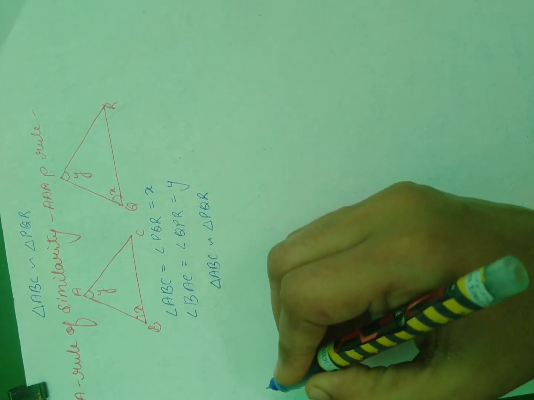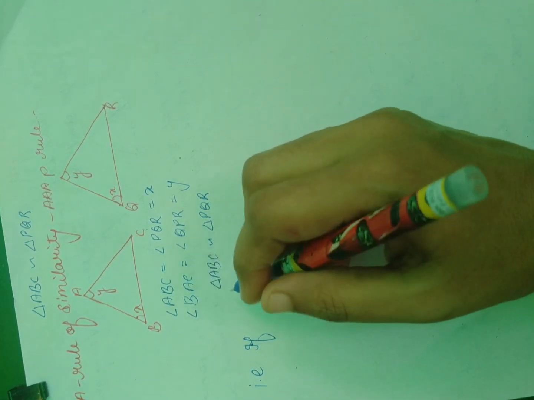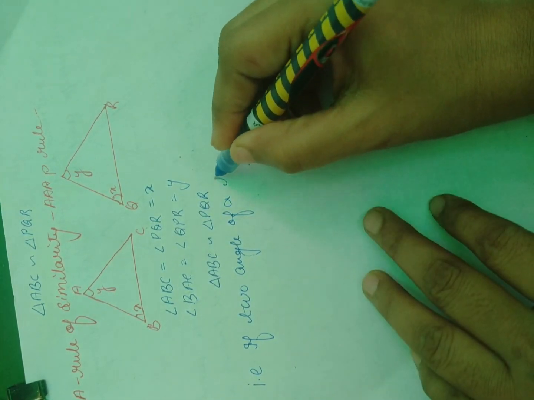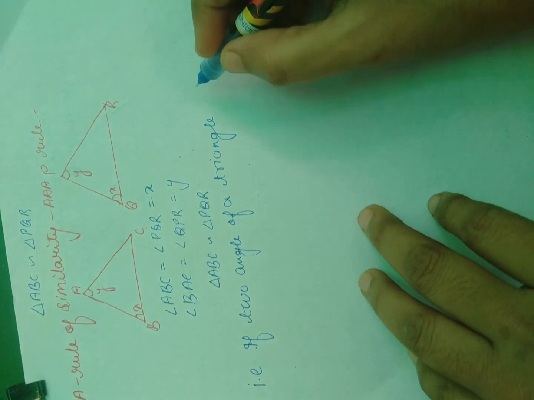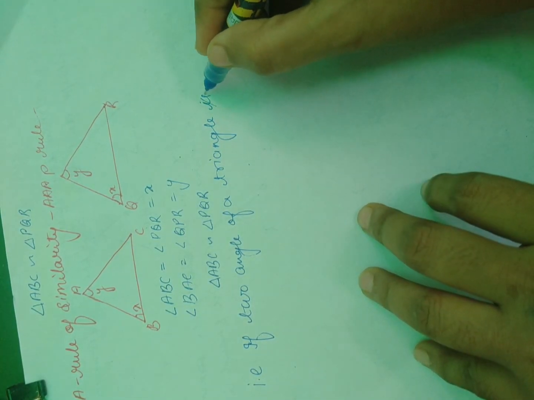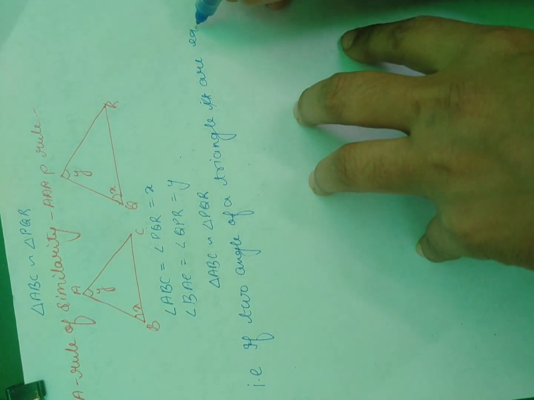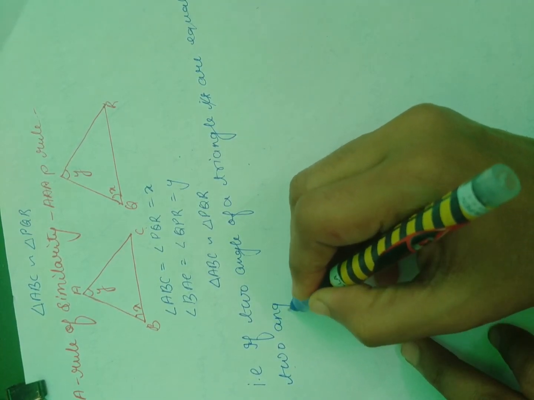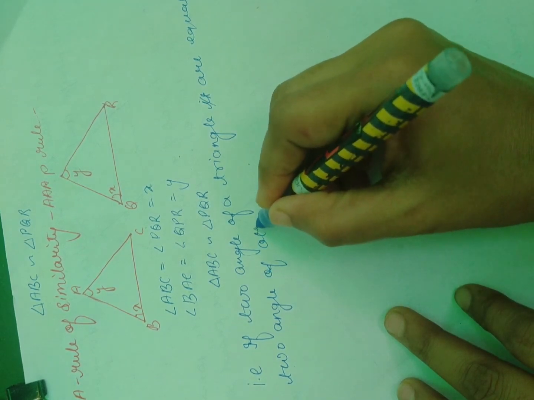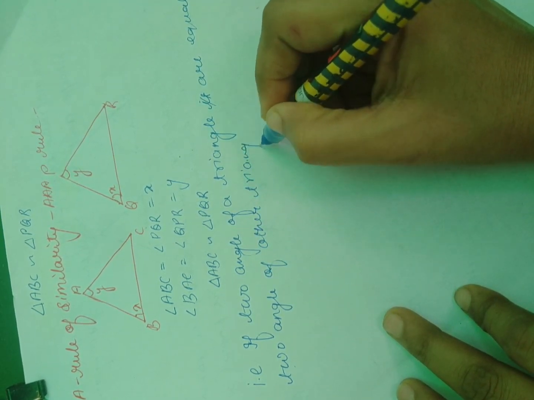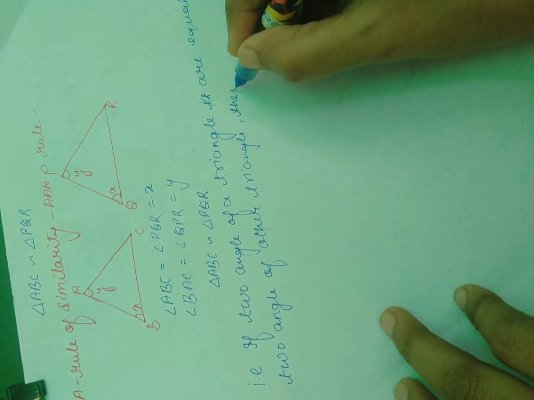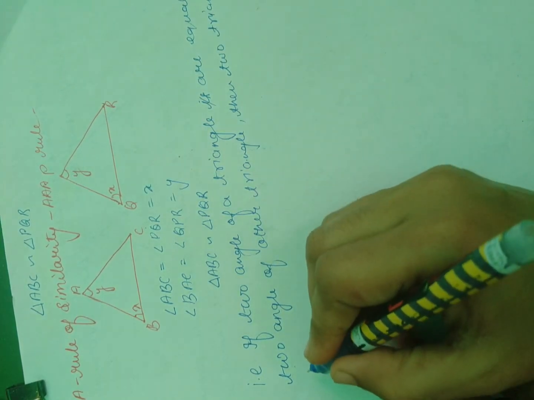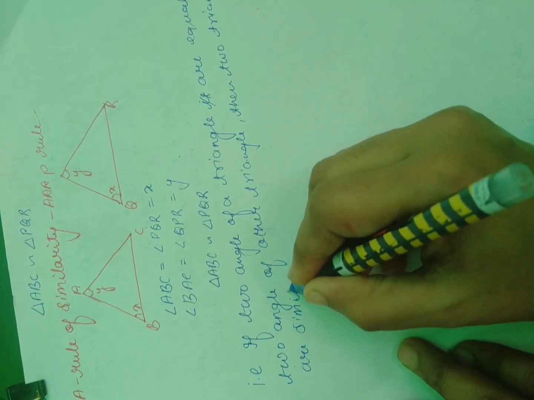Let me write the definition also. That is, if two angles of a triangle are equal to two angles of another triangle, then the two triangles are similar, right?